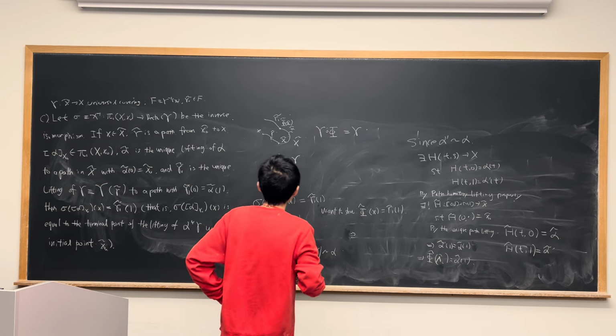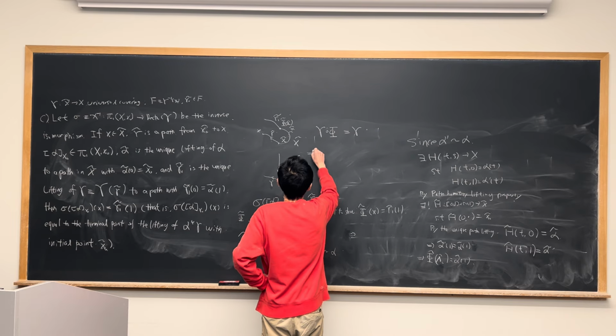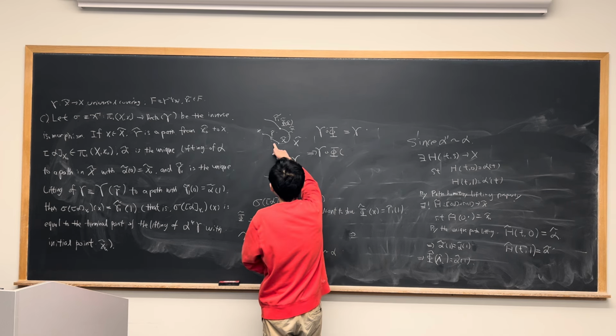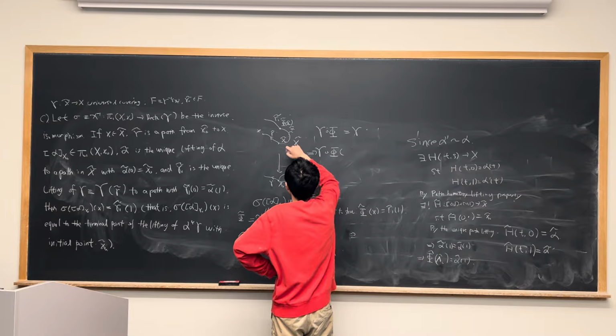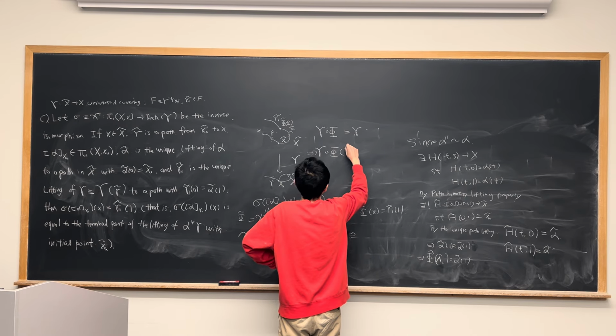So this implies that gamma composed with this phi at... so basically you plug in this gamma here, okay? Because this phi of epsilon is equal to that.